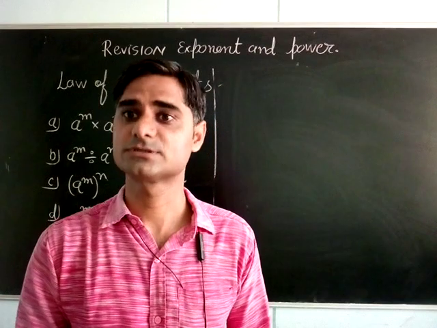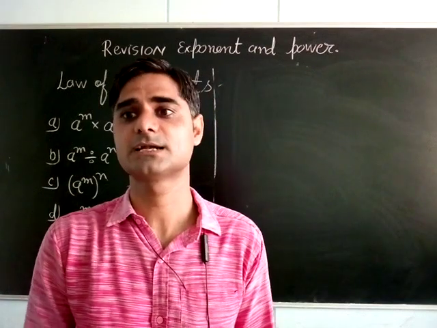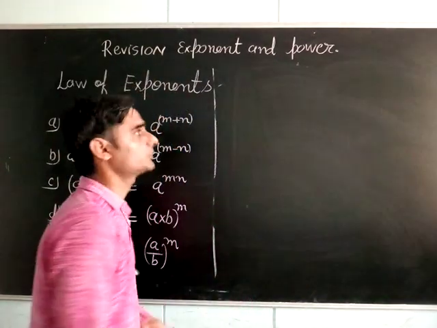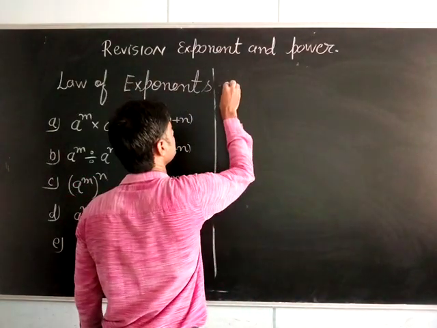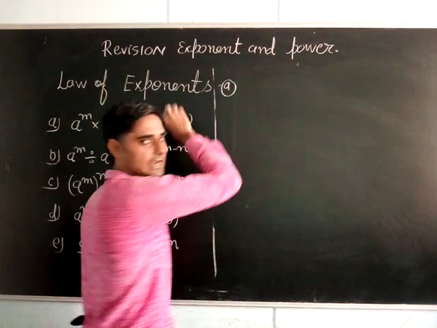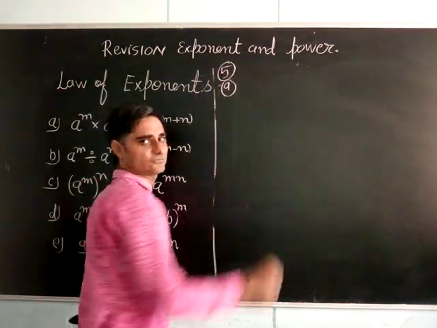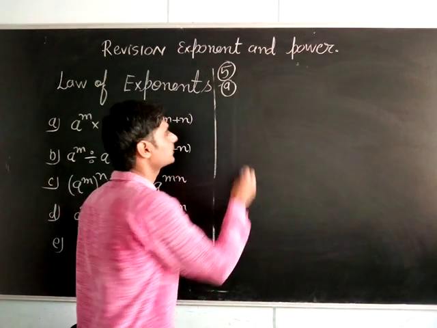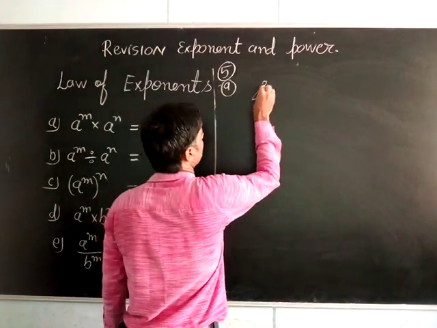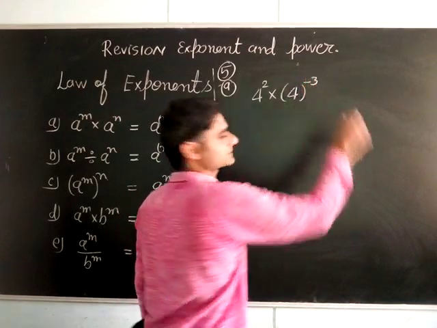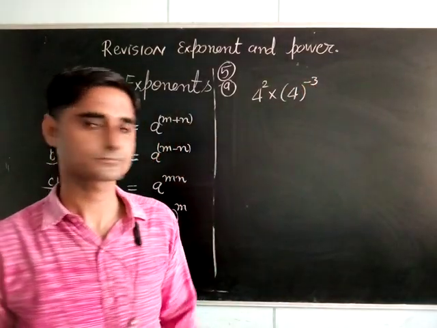Okay. Now simplify and express the result in power notation. The first question is 4 power 2. In this one, A, and actually it is question number 5. Okay. In 5A it is 4 power 2 and 4 power minus 3, right?